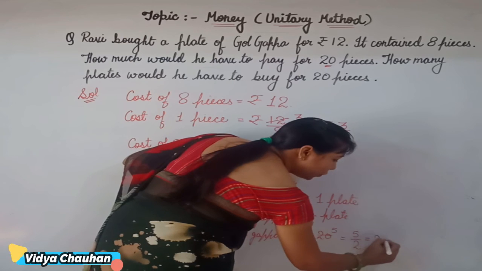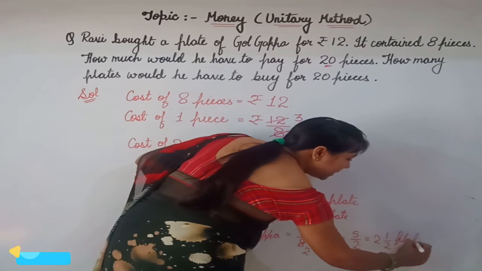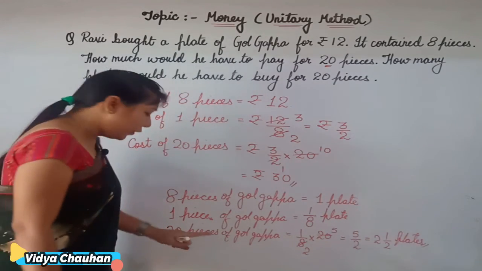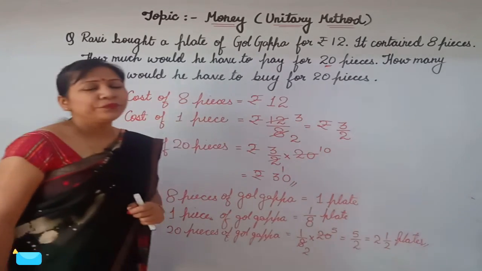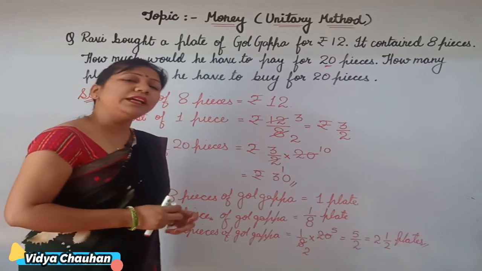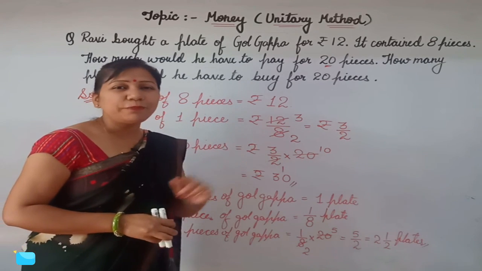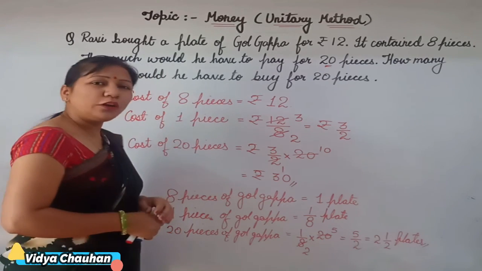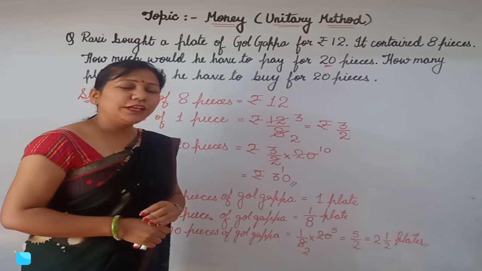So that will be 2 1/2 plates. That means how much is the amount of plates for 20 pieces of Golgappa? 2.5 plates. So if Ravi wants to eat 20 pieces of Golgappa, he has to ask the shopkeeper to give 2.5 plates of Golgappas to him. I hope this solution is clear to all of you and today's lecture was clear to all of you. Thank you for the lesson, students.